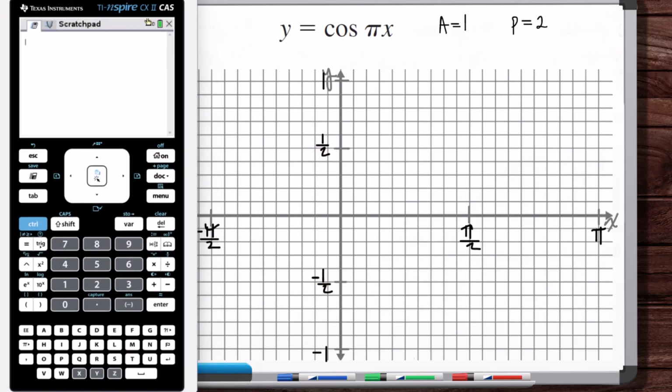Okay, so there's 20 tick marks from 0 to pi, so let's do pi divided by 20. That means that each tick mark is about 0.157. Now pi minus 2 is that distance. How many tick marks is that?